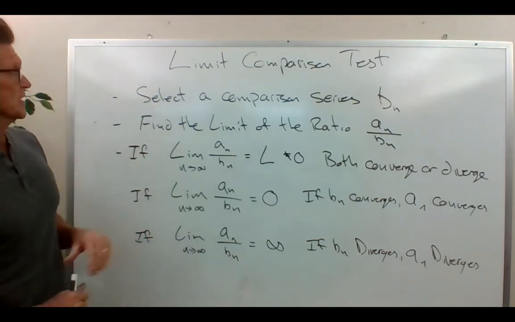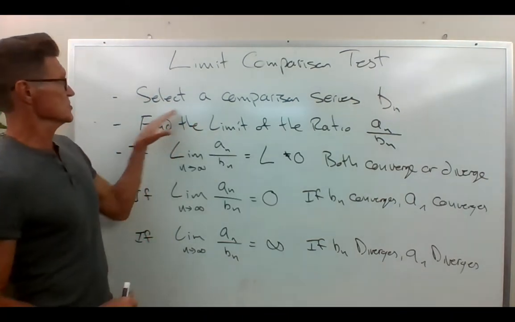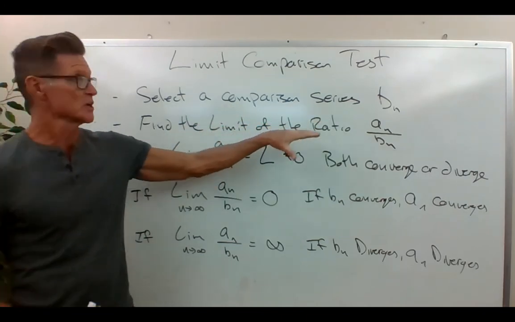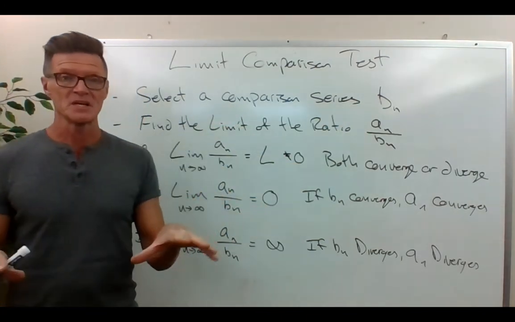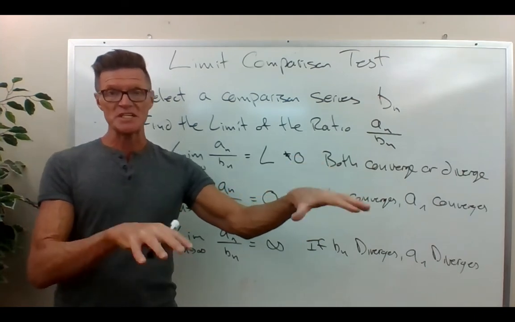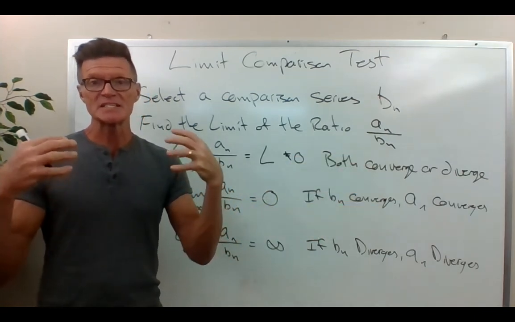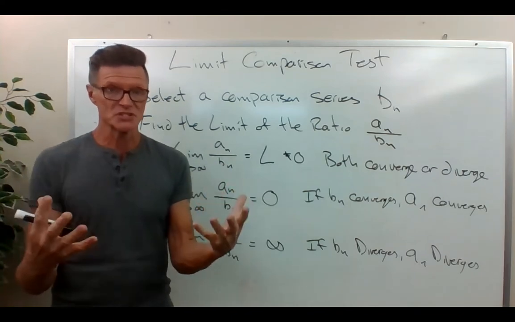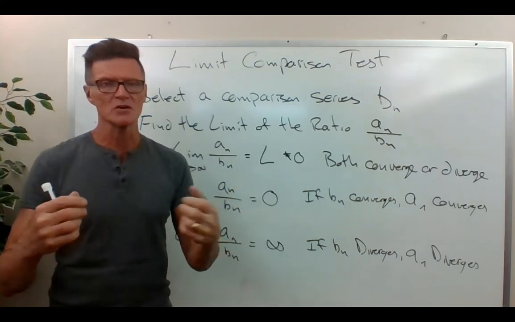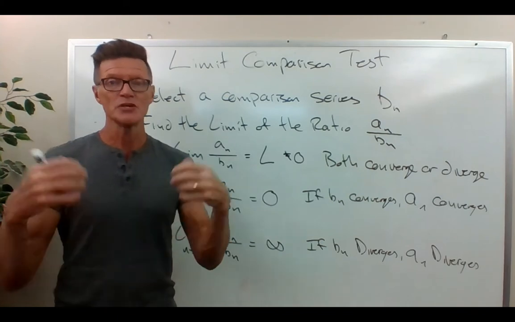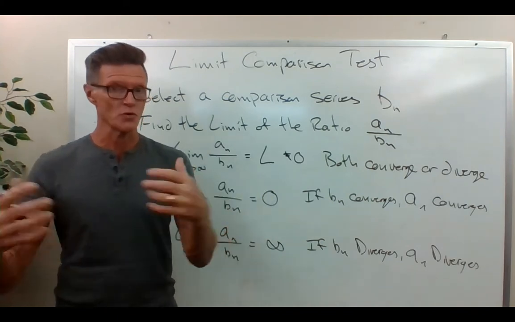The first thing that you need to do is select a comparison series, which we will call B sub n. This is exactly the same thing that we did in the direct comparison test. You want to select a simple series, usually a geometric or a p-series, that you know converges or diverges.